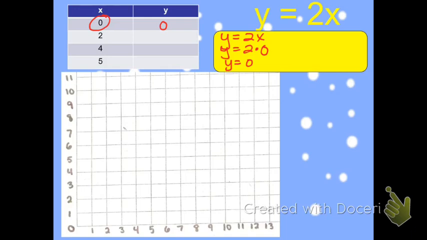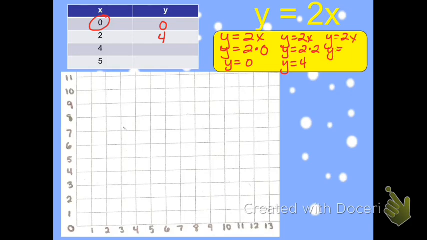Okay, next one. We have y equals 2x. But our next x is what? 2 times 2. So 2 times 2 is 4. So if x is 2, y is 4. Okay, our next one, y equals 2x.